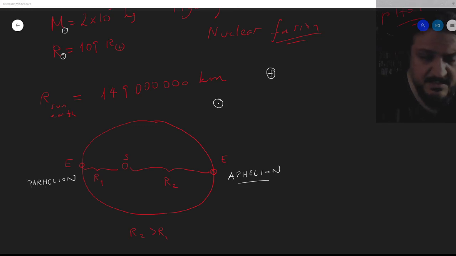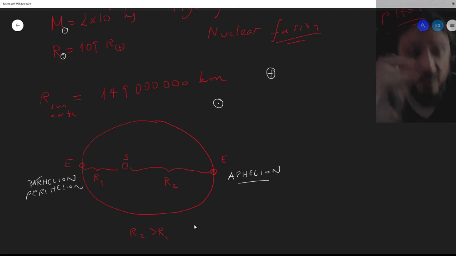So that's the perihelion, I'm sorry, perihelion. Okay, so that number changes. The Earth-Sun distance changes.